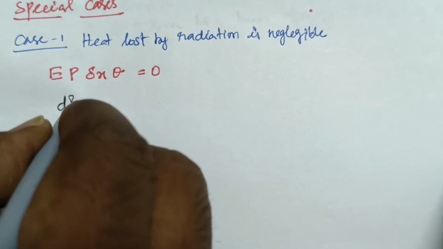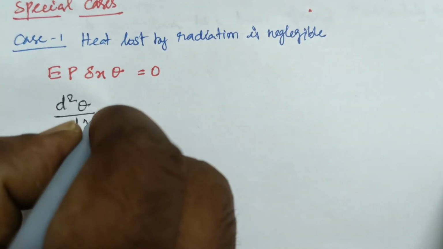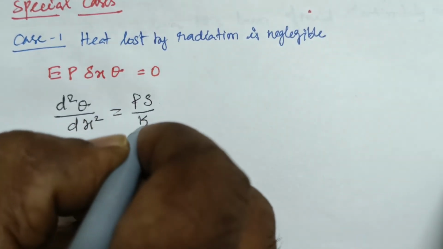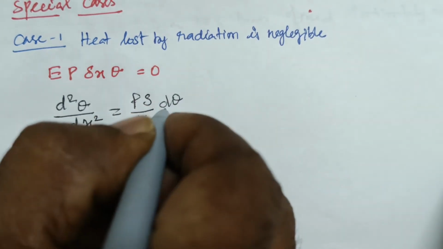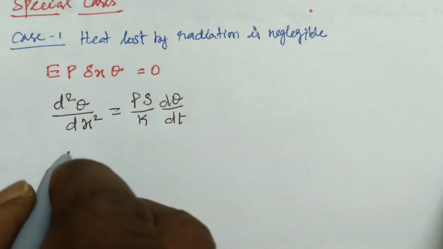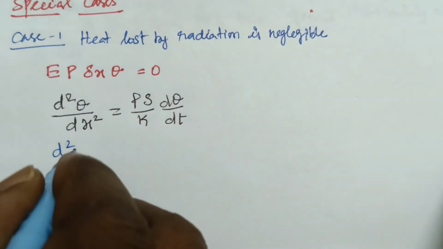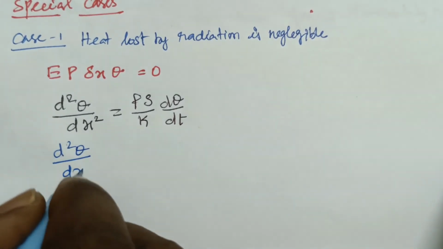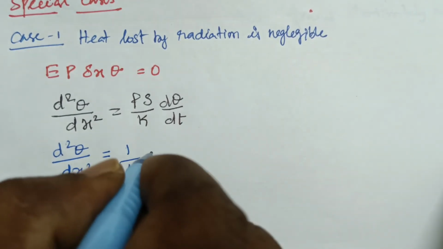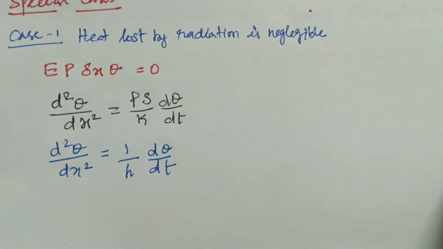Finally you will get d square theta by dx square is equal to rho s by k into d theta by dt, or you can write d square theta by dx square is equal to 1 by h into d theta by dt.